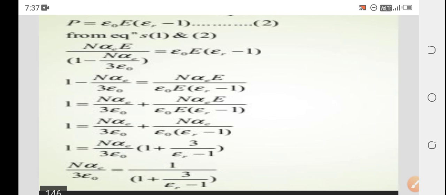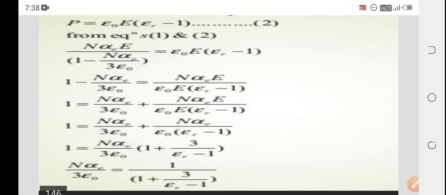Again for the simplification, 1 equal to n alpha E by 3 epsilon naught plus n alpha E by epsilon naught into E into epsilon r minus 1. 1 equal to n alpha E by 3 epsilon naught of 1 plus 3 by epsilon r minus 1.